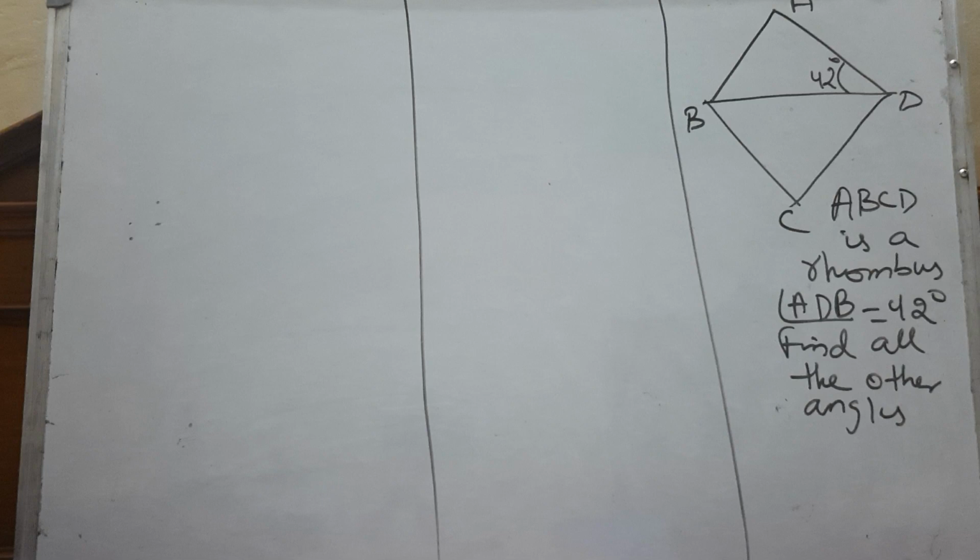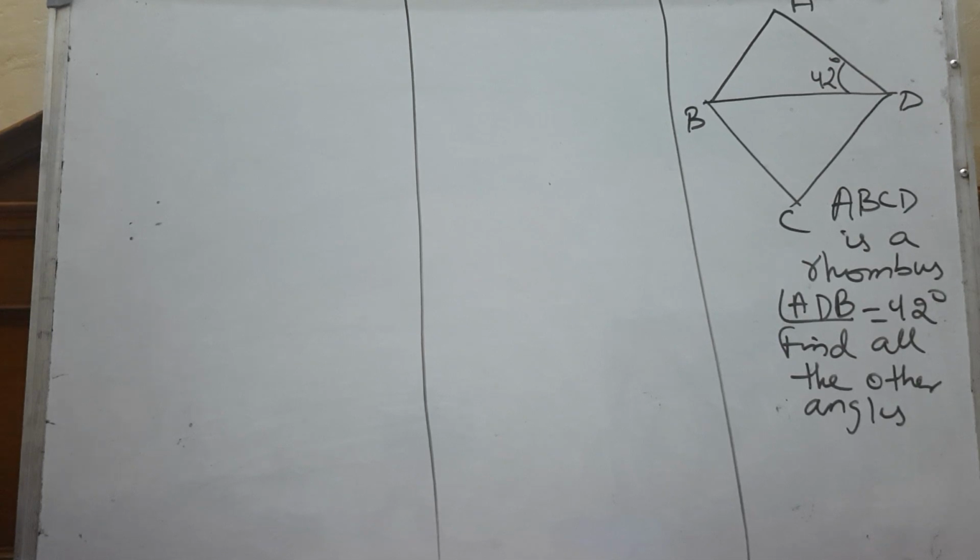All sides are equal in a rhombus, and all sides are equal in a square. All angles are equal in a square, whereas in a rhombus opposite angles are equal. In a square all angles are 90 degrees, but in a rhombus they are not. Diagonals are equal in a square, whereas diagonals are not equal in a rhombus.